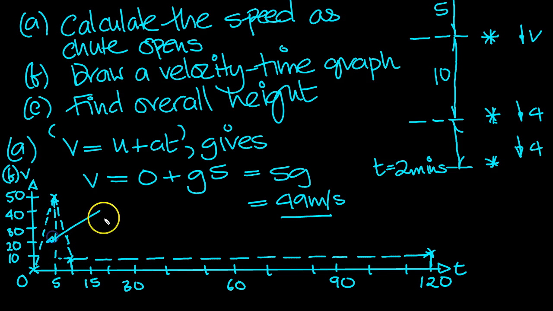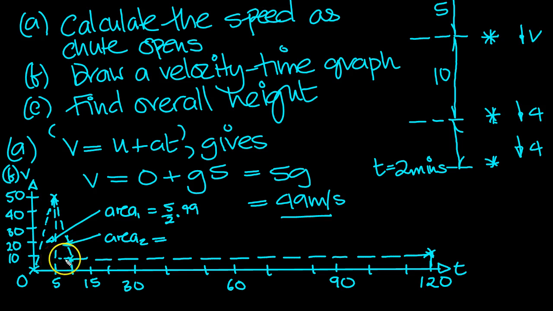This area, we'll call it area 1, is equal to half base, 5 over 2, times the height, which is 49. So there's area 1. Area 2 here.